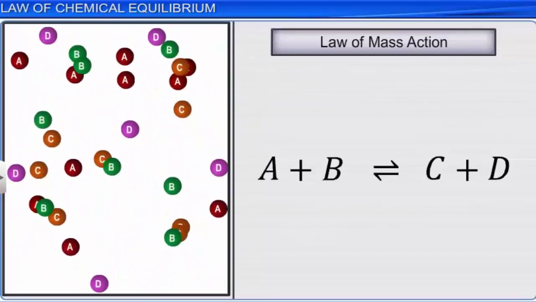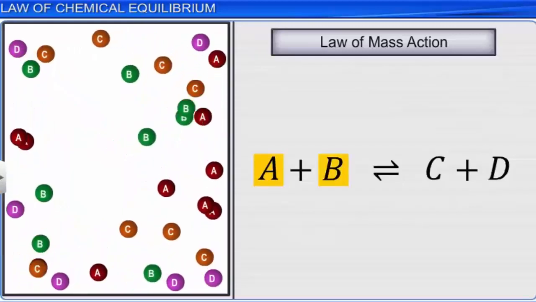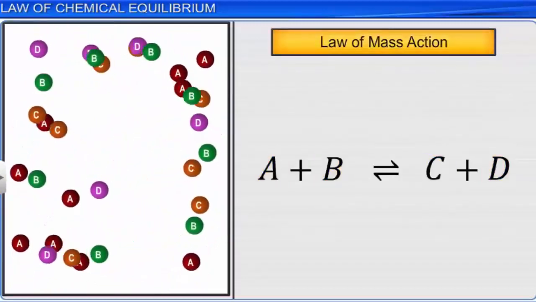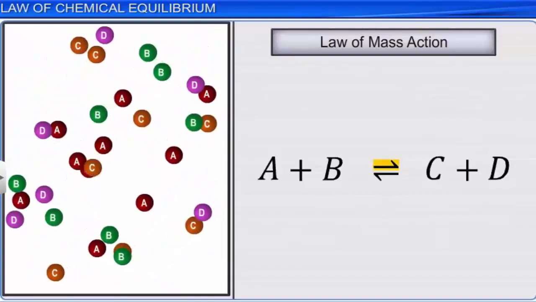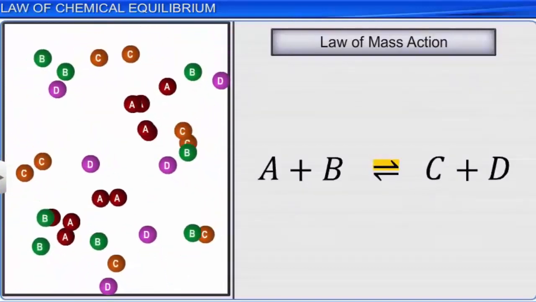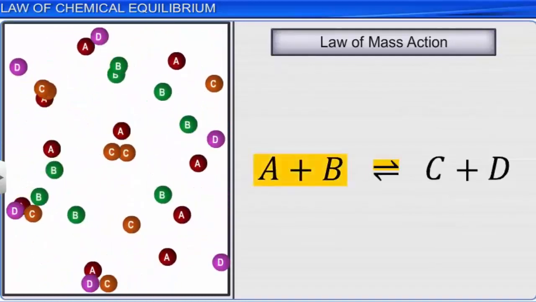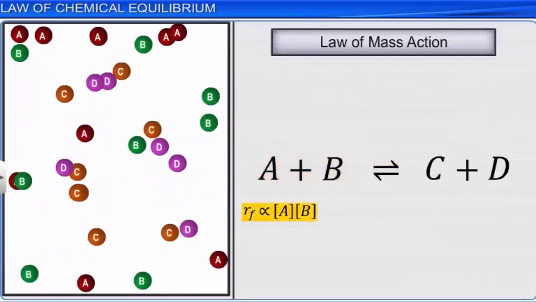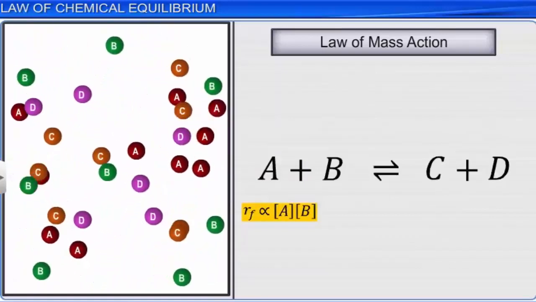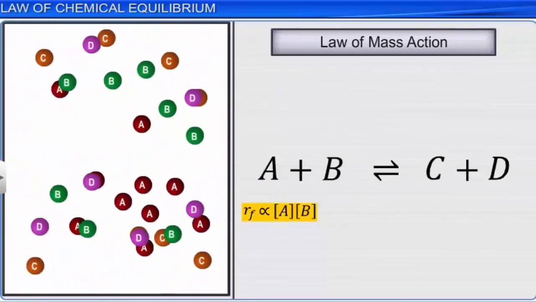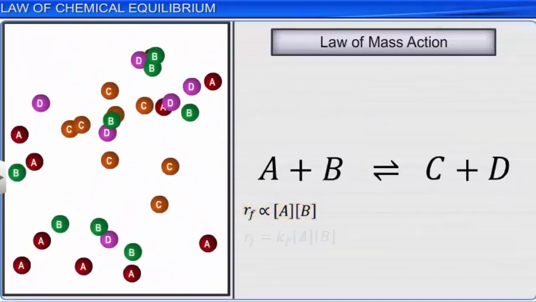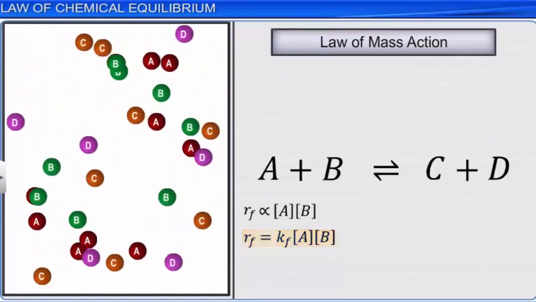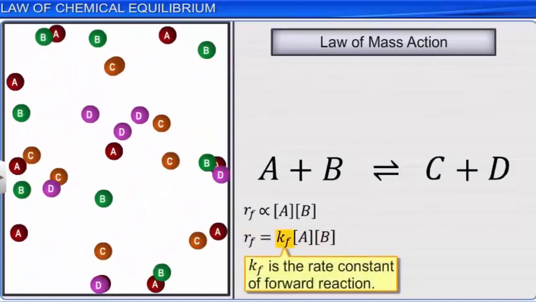Let 1 mole of A react with 1 mole of B to produce 1 mole each of C and D. According to the law of mass action, the rate of forward reaction will be proportional to the molar concentration of the reactants A and B. That is, the rate of forward reaction Rf is directly proportional to the concentration of the reactants A and B. Or Rf is equal to Kf multiplied by the product of the concentrations of A and B, where Kf is the rate constant of forward reaction.